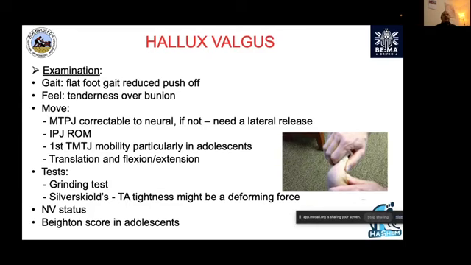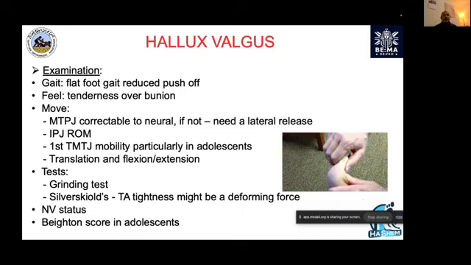With the patient standing, you can see hallux valgus, heel valgus, too-many-toes sign, collapsed arch, and definitely you can spot the hallux valgus deformity and the lesser toe deformity on looking from the front. When you put your hand on, there is tenderness over the bunion itself, and when you start to move the joint, maybe the joint is painful because of some associated MTP arthritis, or maybe not painful.